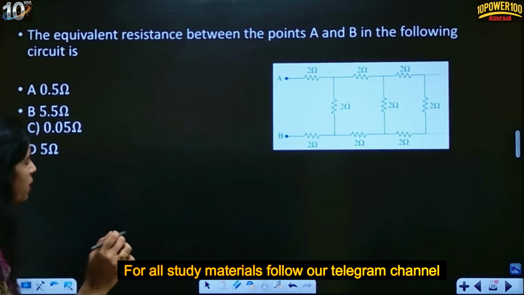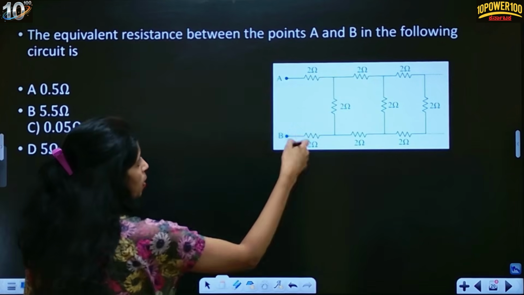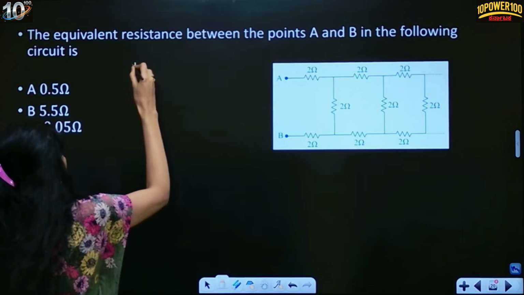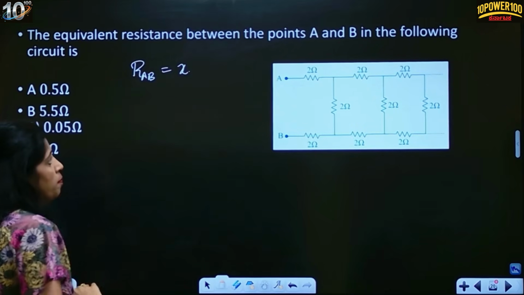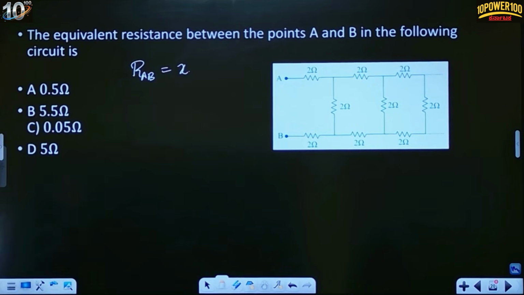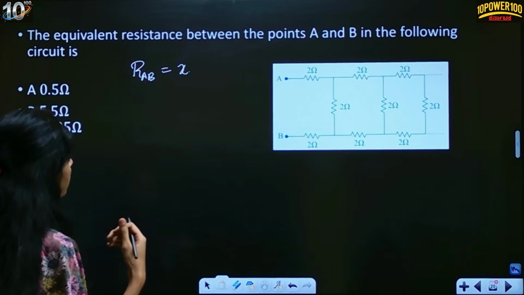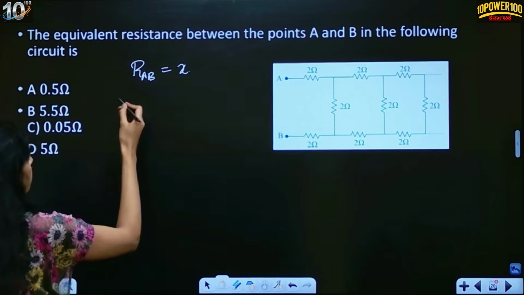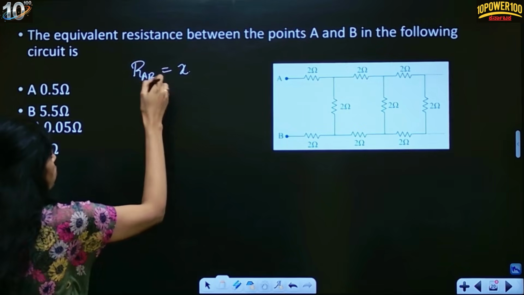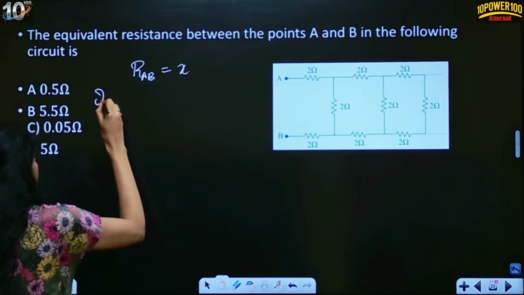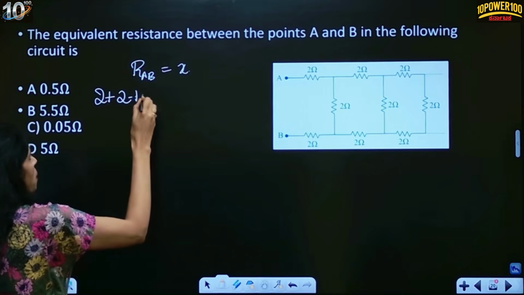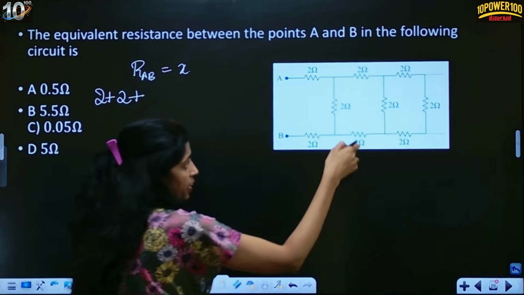So what you have to do here is, this complete thing, I'll take the total resistance between A and B as X, guys. So the total resistance I'm taking as X. Now, the 2 ohm resistors are in series, so I'll connect it as 2 plus 2 plus the remaining things connected in parallel.